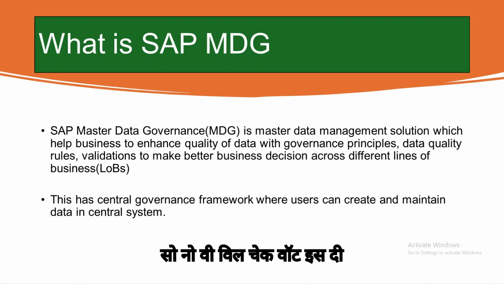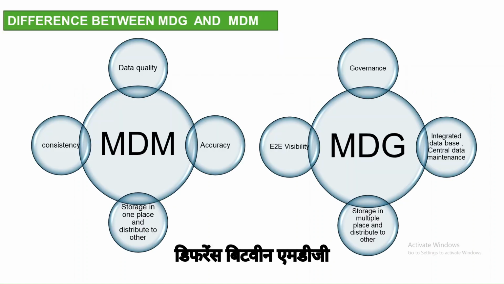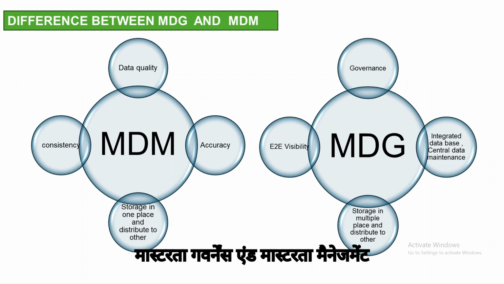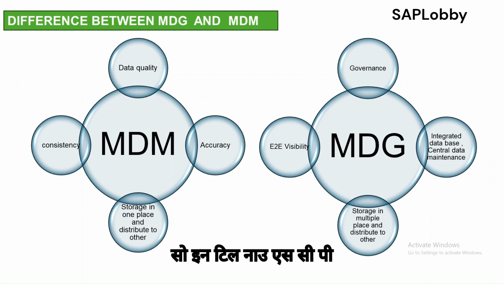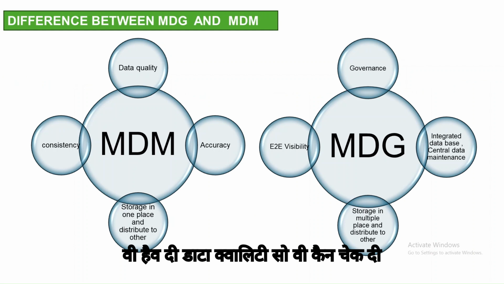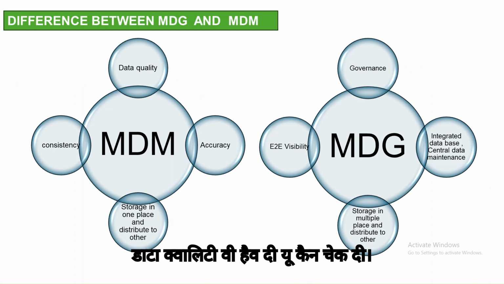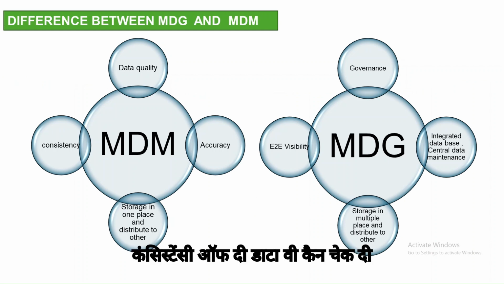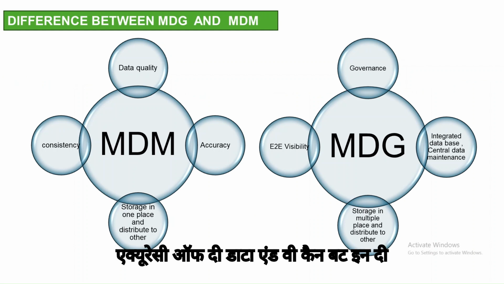Now we'll check the difference between MDG, master data governance, and master data management. Till now SAP has master data management, which you use with ECC. In master data management we have data quality, so we can check the consistency and accuracy of the data.